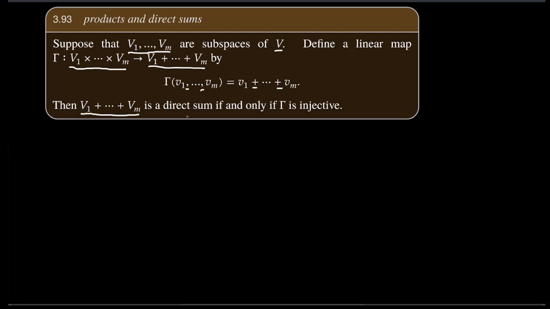This sum, the sum of v1 through vm, is direct if and only if gamma is injective. Proof. Let's do it. All right.